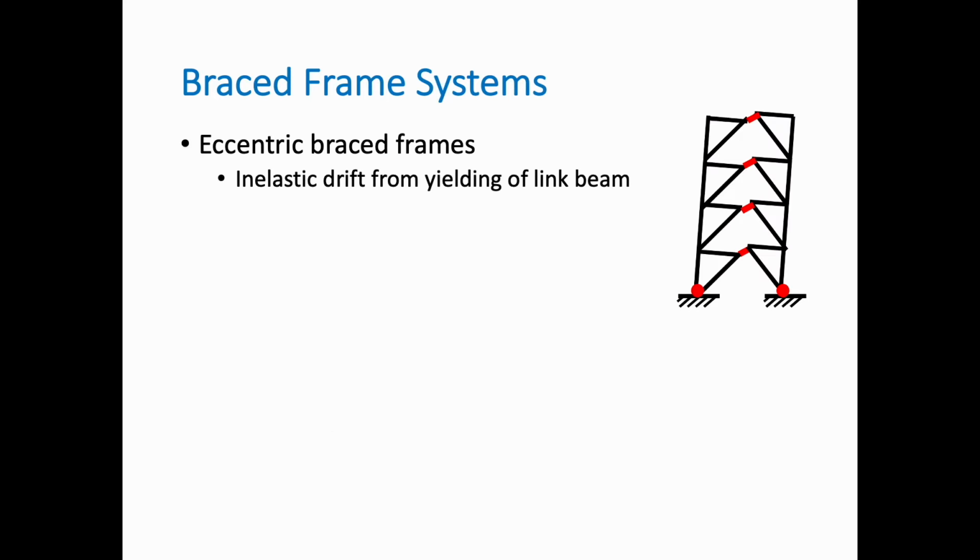Next is an eccentric braced frame. One of the eccentric braced frames is the one we see here. In this case, we don't have braces intersecting anymore, so they never intersect. And there is a zone in the middle, which is called the link zone. This is in fact a steel beam, which has some inelastic drift.